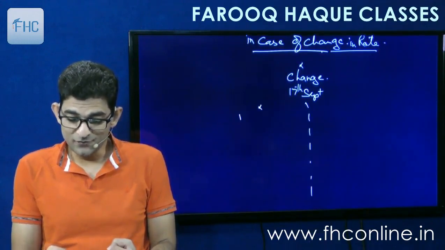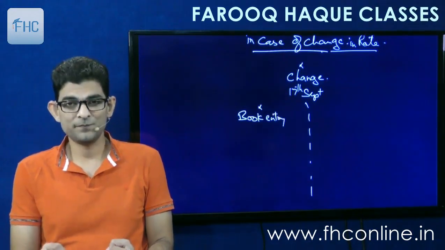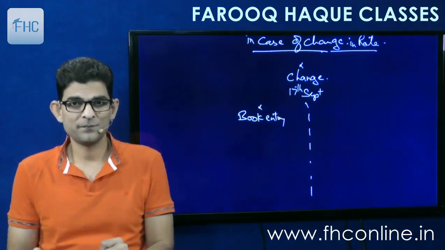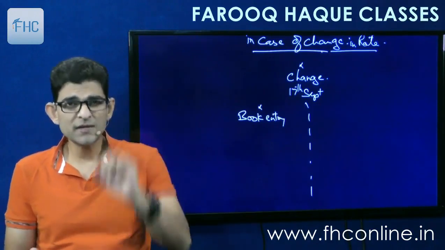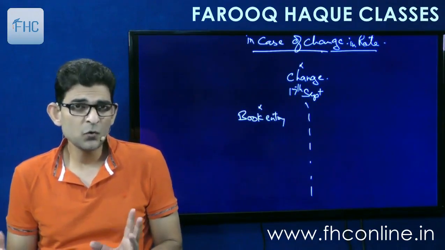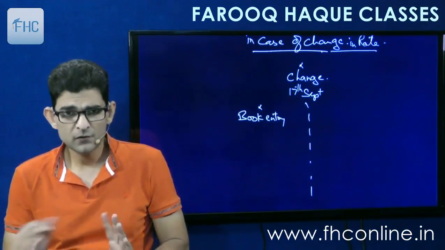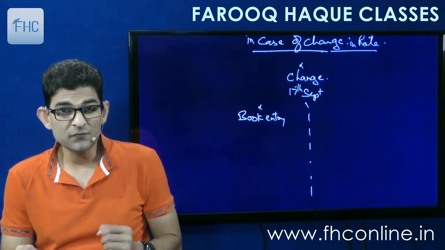The book entry is made before. The book entry is made before the change. But I put the check in the bank for clearance. Normally it should clear within 3 to 4 days, right? Normally it should clear. So the clearance comes after the change.